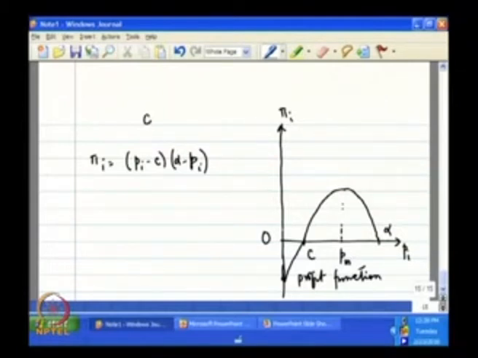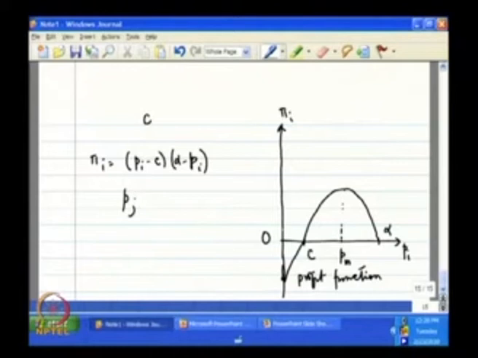which means that if there is no other firm, there is no rival to this firm, firm I, then the firm I should charge a price Pm, because at that point the profit is getting maximized. So that is the ideal situation for the firm. But what happens if there is a rival? Now if there is a rival, then the rival charges a price Pj.